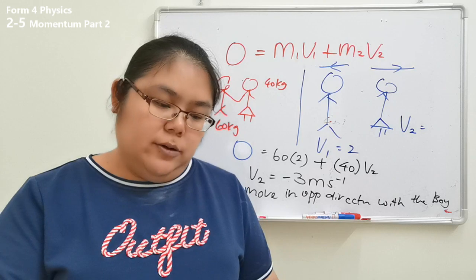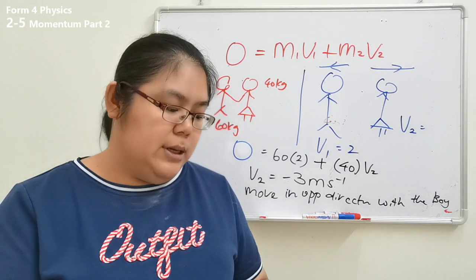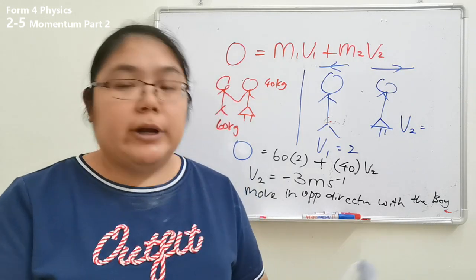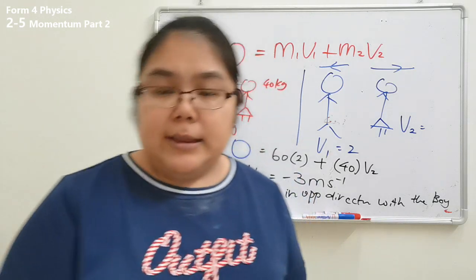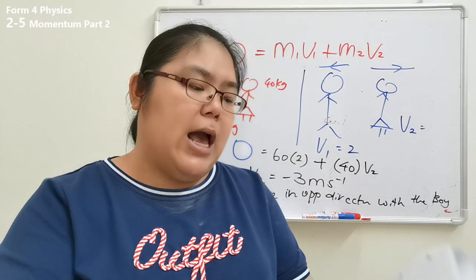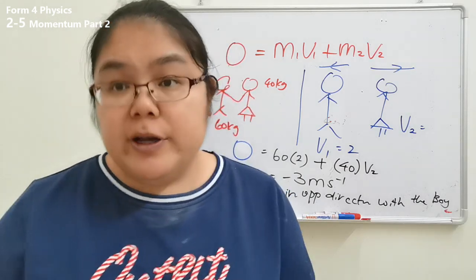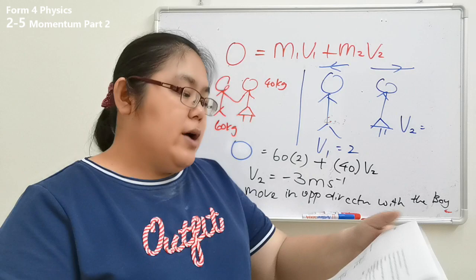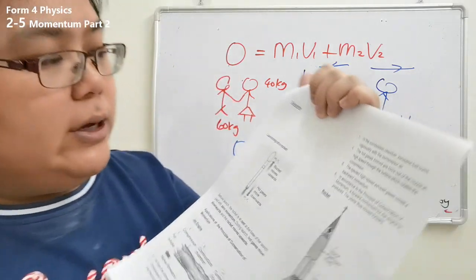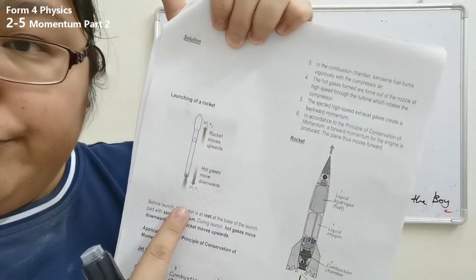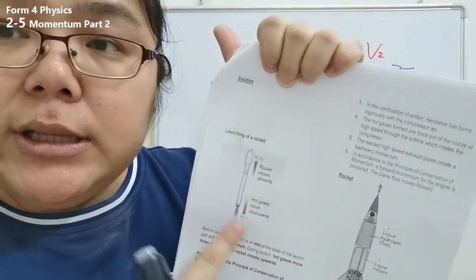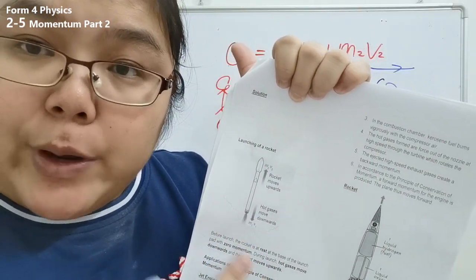From here, the following should be the application of momentum. Normally for momentum, we use the explosion concept. You can refer to your textbook, they have a diagram. One example is the launching of a rocket, which uses the explosion concept to explain.